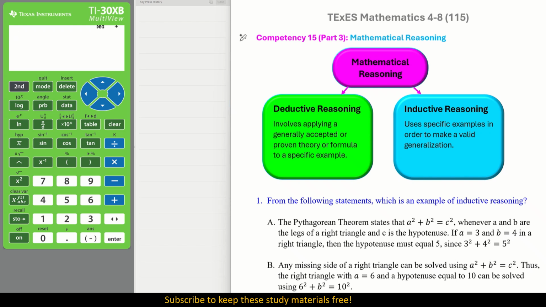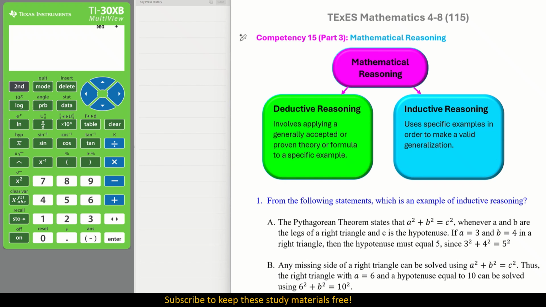When we're talking about mathematical reasoning, we mean the difference between deductive reasoning and inductive. With deductive, you start with something general, either a formula or a description of a formula, or they'll just state the formula, and then you go to specific examples.